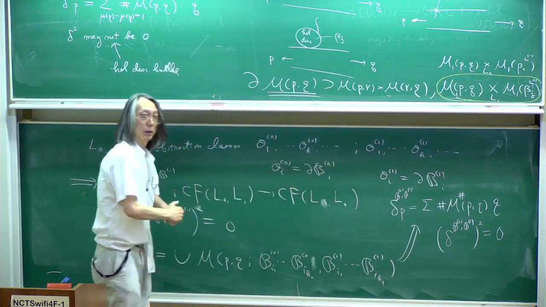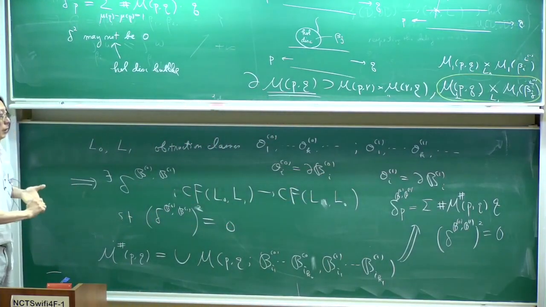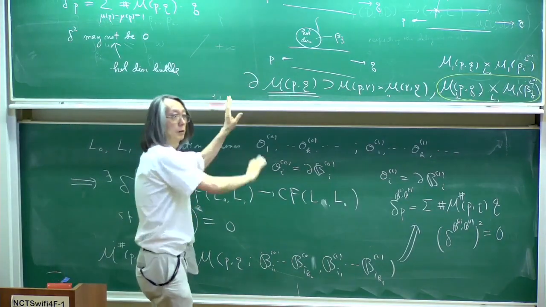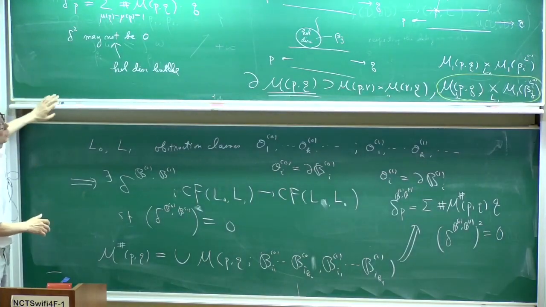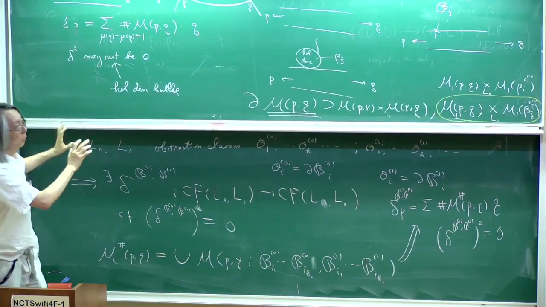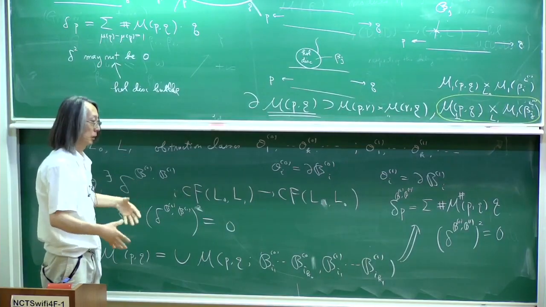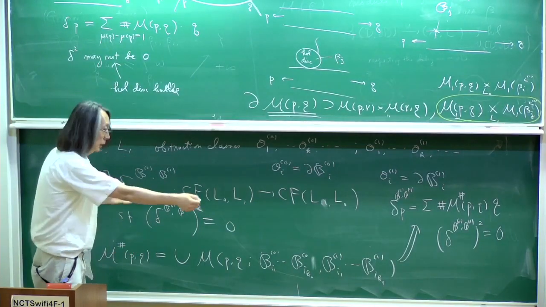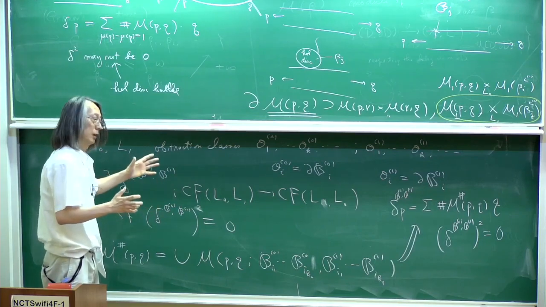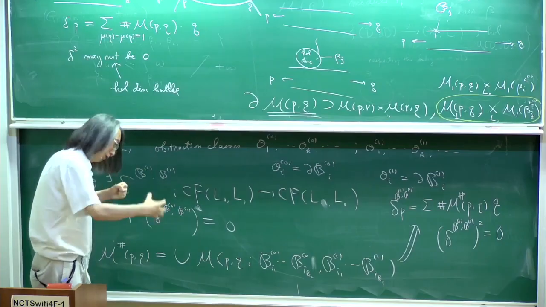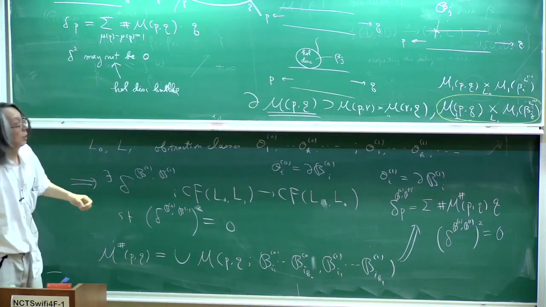So in the afternoon, maybe I will start from the filtered infinity algebra and filtered infinity bimodule picture, and then reformulate all this in that terminology. Here I'm a little bit vague, but the idea is always starting from the moduli space of a certain object and looking at the boundary, and then if you want to have some other things, you try to cook up some other moduli space and do this.